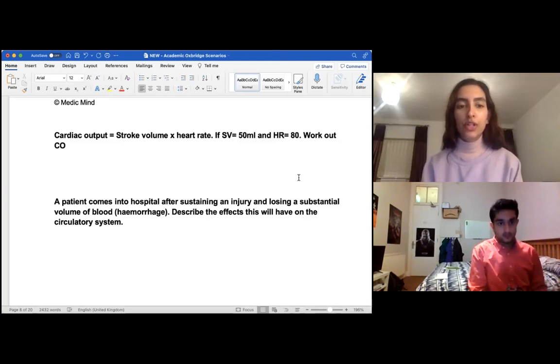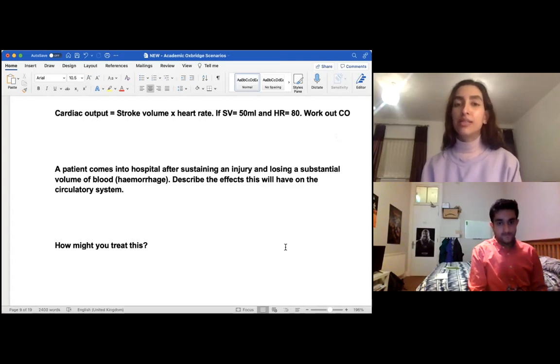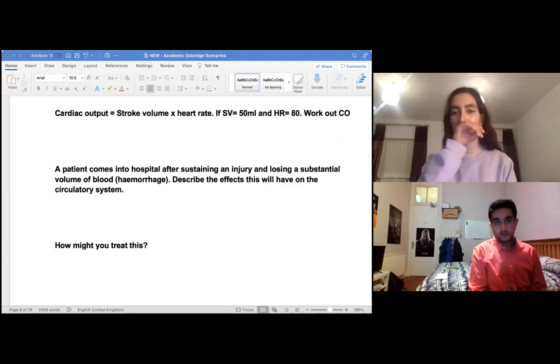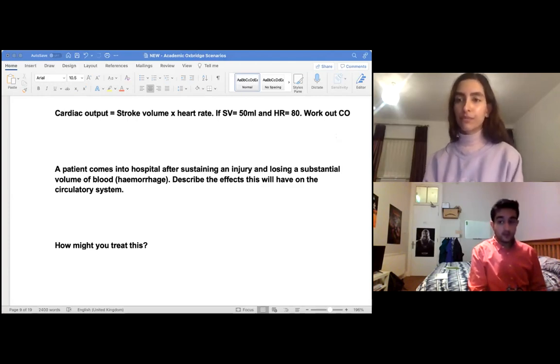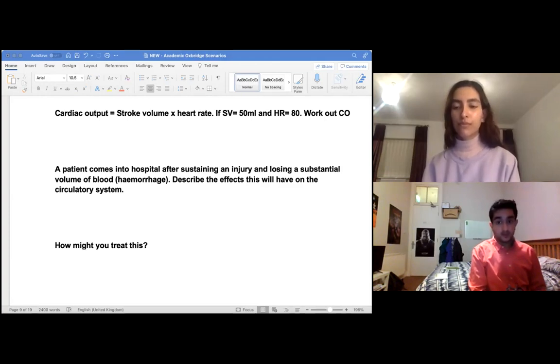The next question, how might you treat this? Probably stopping the bleeding first. So get some way to prevent any further fluid loss, and then replacing the fluid, ideally using some kind of blood transfusion or plasma transfusion.